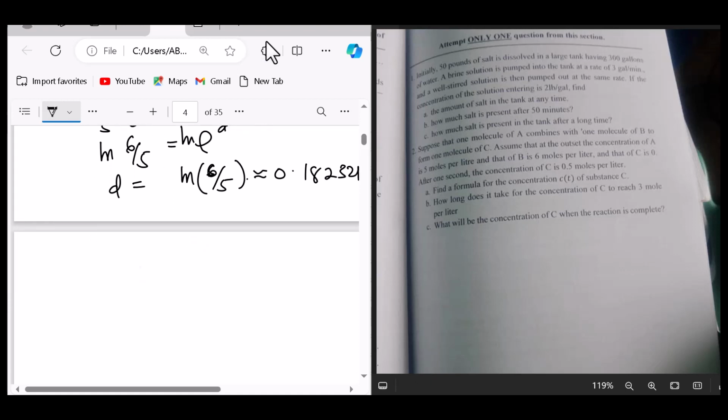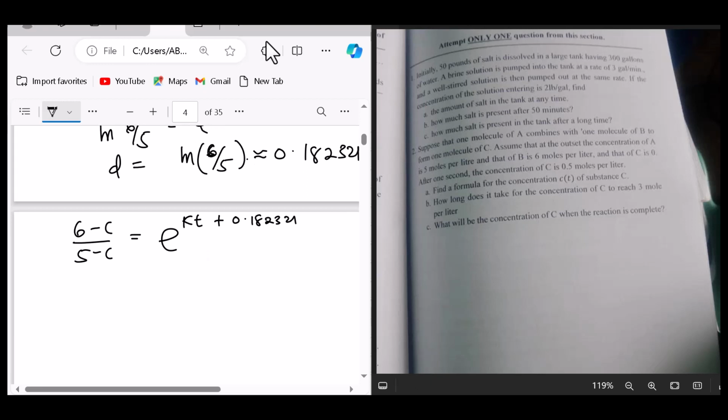Right now we can write this as (6 minus C) over (5 minus C) equals e to the power kt plus 0.182321.